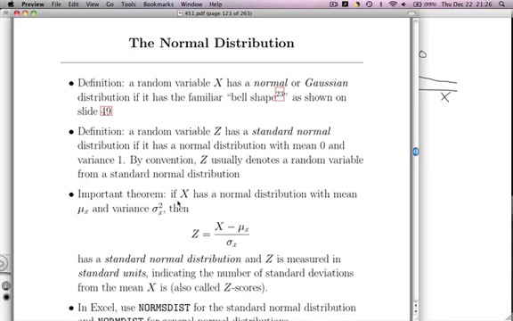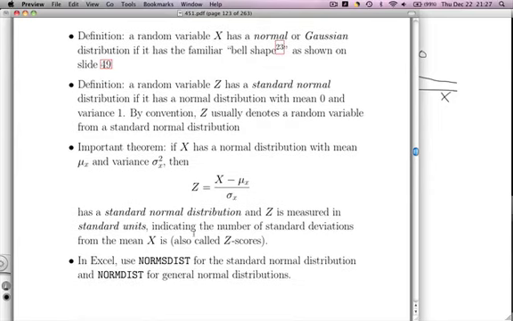Now, any normal random variable x can be converted into a z with this important formula. So this is extremely important. You're going to continue to see this all through the rest of this course and next course. If you take x minus the mean and divide by the standard deviation, you have converted that into a z distribution.